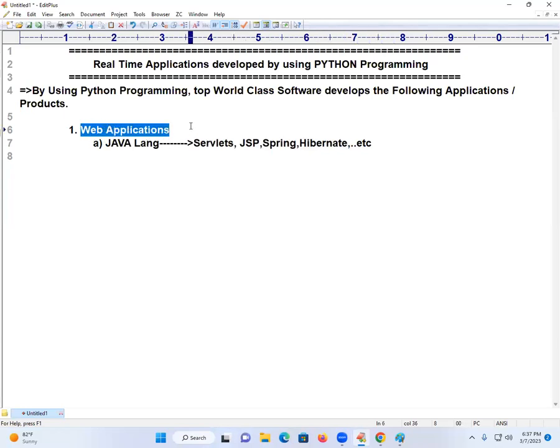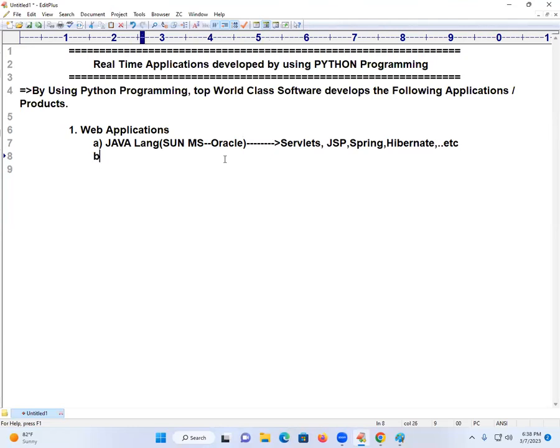Web applications. This Java language was developed originally by Sun Microsystems. As of today, it is handed over to Oracle Corporation. These are called Java-side languages and Java-side technologies.